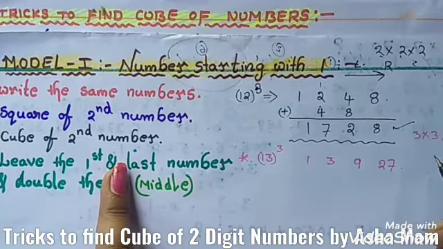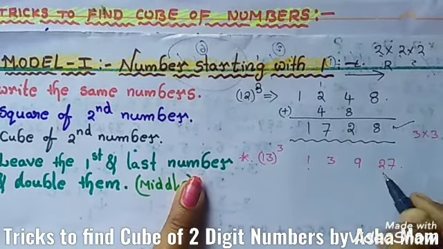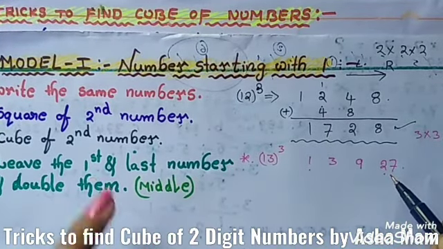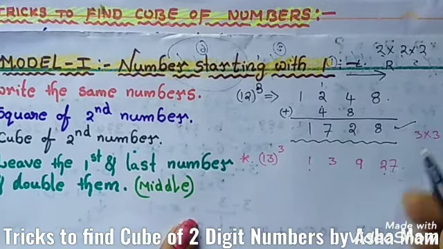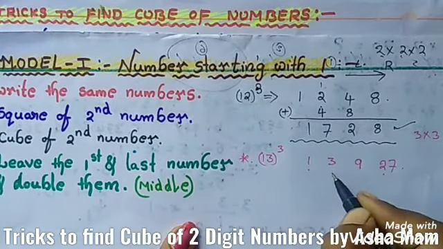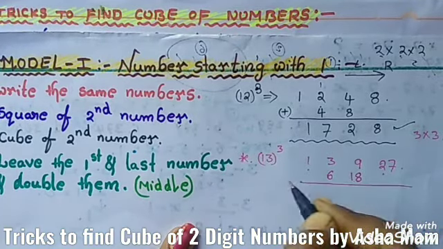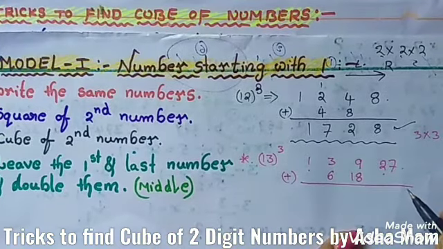And the last rule, students, leave the first and last numbers, and double the middle numbers. Here the middle number 3, so double is 6. 9 double is 18. Now you have to add these numbers here.